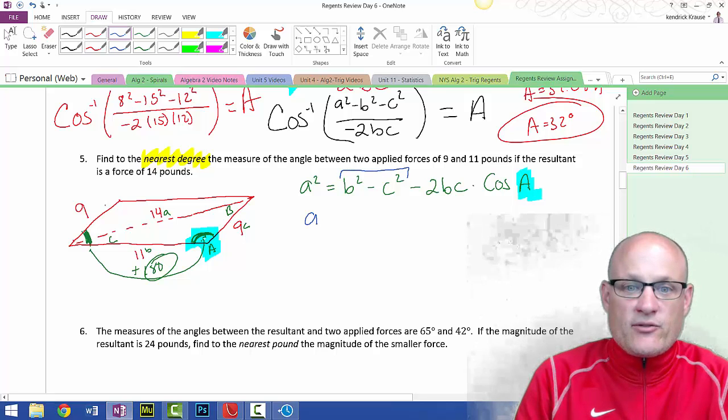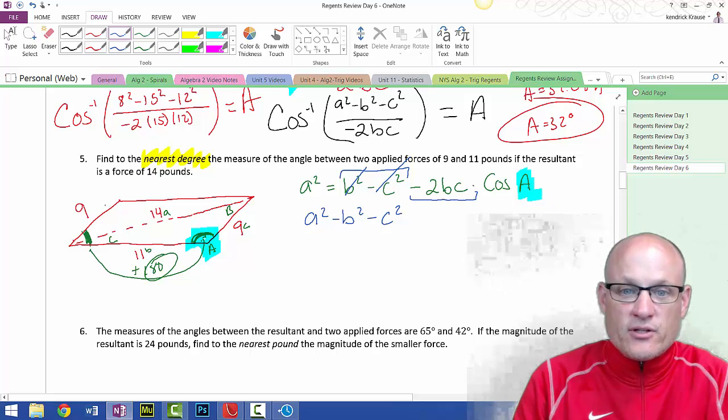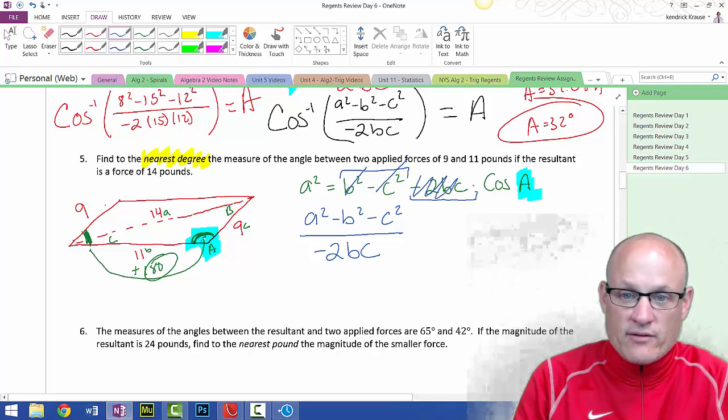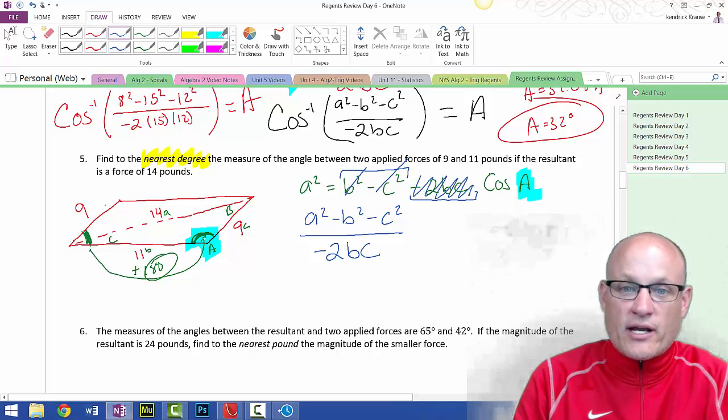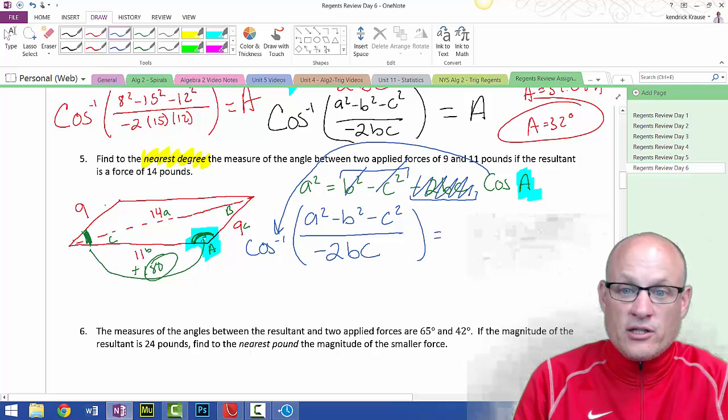So I get A squared minus B squared minus C squared. Once those are gone to the other side, I'm going to divide by this. So divided by negative 2BC. Now this went over, so I divided by it. Now I'm going to move the cosine negative 1 over. So cosine negative 1 of this mess is equal to A.